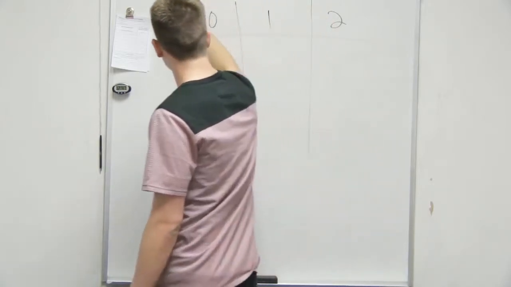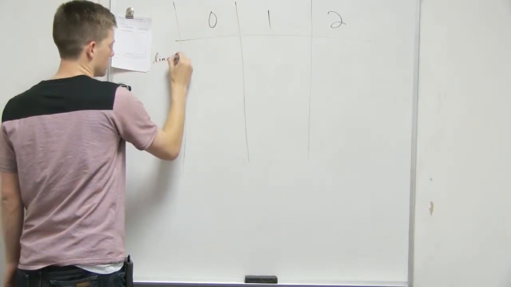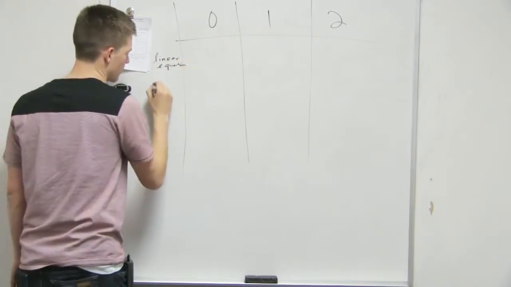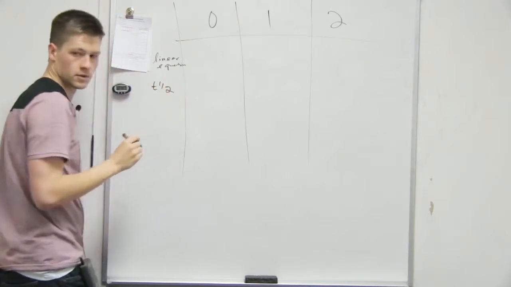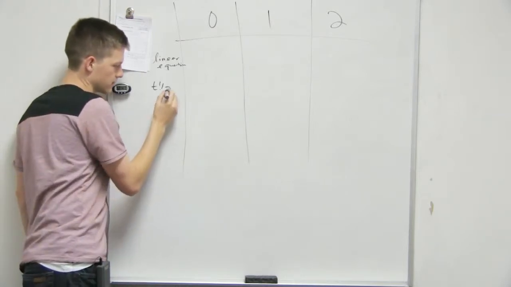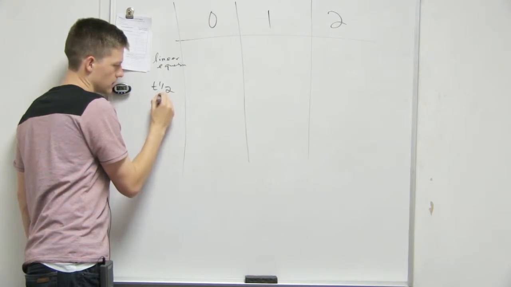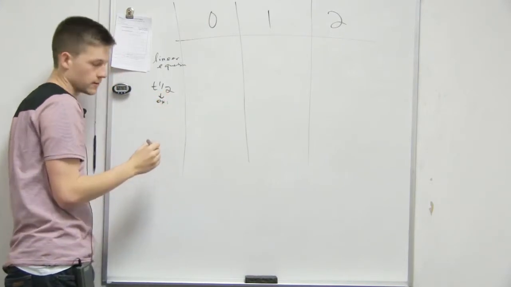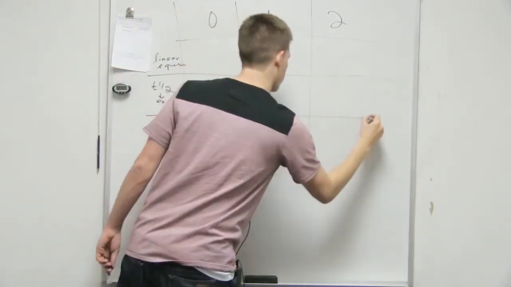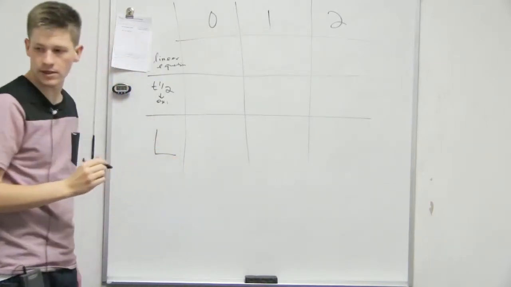Let's make one more spot right here. Let's say we have our linear equation, our half-life, what our half-life is saying, an example of a half-life, and then last, the graph associated with it.